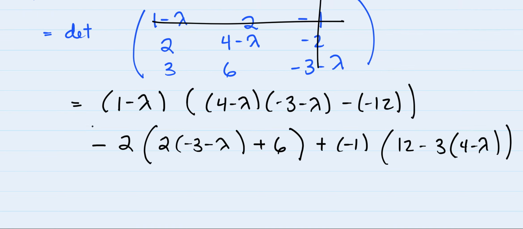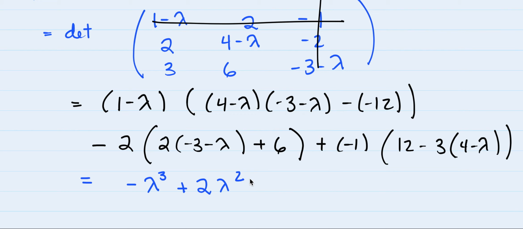You need to FOIL all this, like expand this, try to simplify as much as you can, and if you do it right, then you should get that this is equal to negative lambda squared. Well, actually, let me write it completely out. So it's negative lambda cubed plus 2 lambda squared.